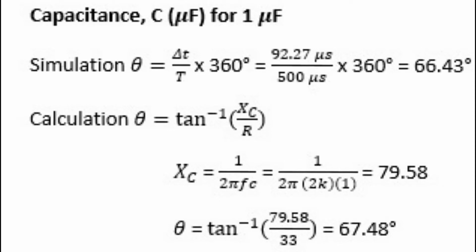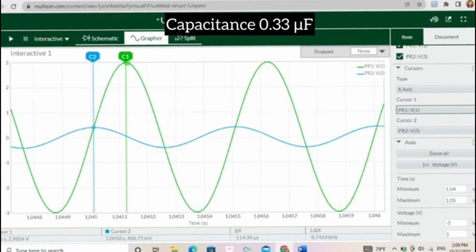We get XC as 79.58 ohms. From here, we insert the value of XC into the formula: arctangent of 79.58 divided by the 33 ohm resistor, and we get the phasor angle of 67.48 degrees. The same method can be used to find the phasor angle of capacitance 0.33 microfarad and 10 microfarad.